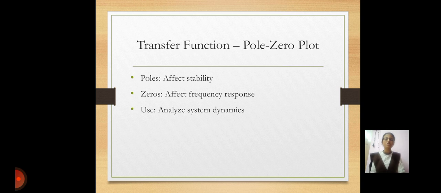Pole-zero plots are a powerful tool for engineers working in signals, controls and systems processing. Poles affect the stability, whereas zeros affect the frequency response. These analyze the system dynamics.